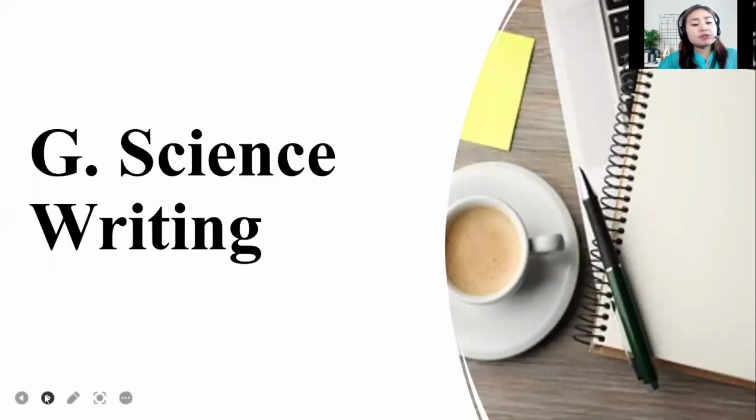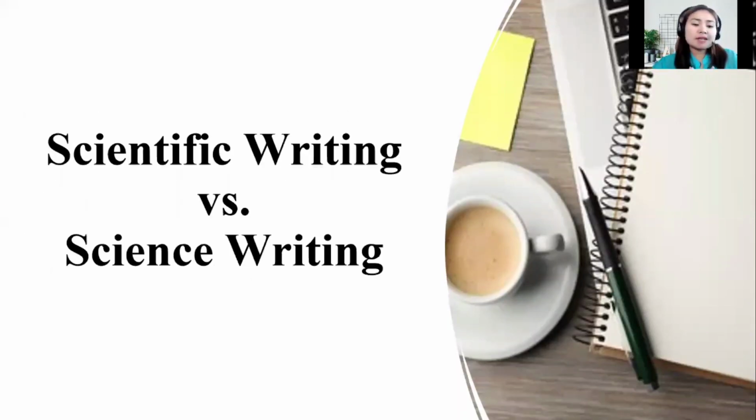Okay, next we go to science writing. Talking about science writing, we cannot avoid being asked a question. Is it the same as scientific writing? Well, actually, no, they're not the same. Okay, when we talk about scientific writing, it's technical writing that is written by scientists, of course, and their audience or readers are their peers who are also scientists.